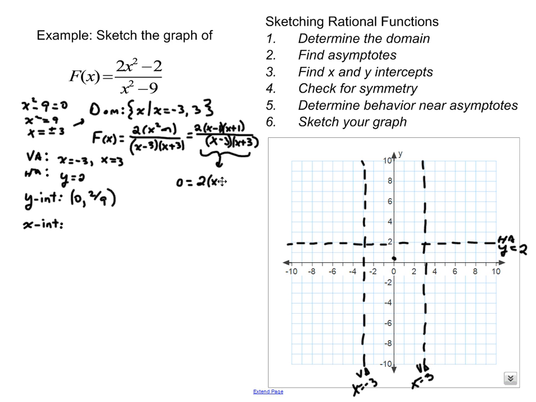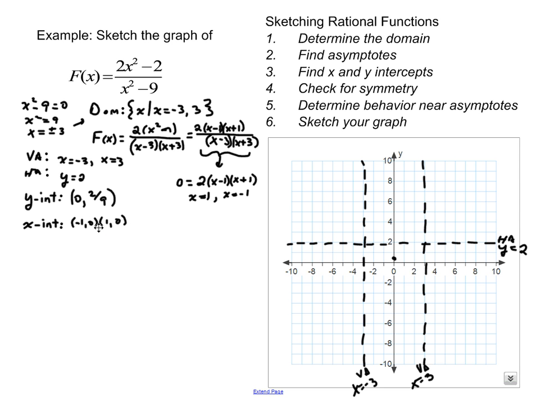We just want to know where 2 times x minus 1 times x plus 1 is equal to 0. So, if we set each factor equal to 0, we find that x equals 1 is such a place, and x equals negative 1 is such a place. And so our x-intercepts occur at negative 1, 0 and positive 1, 0.